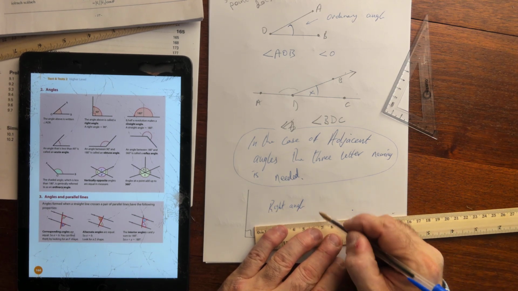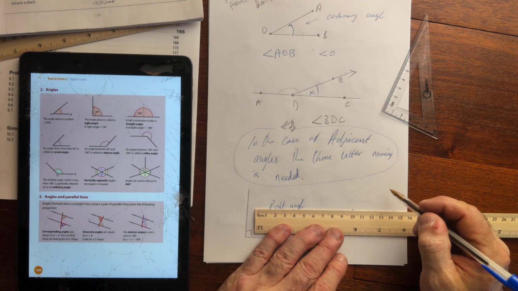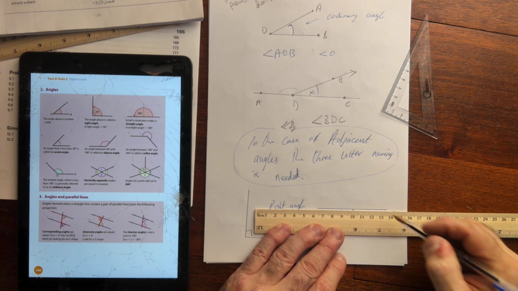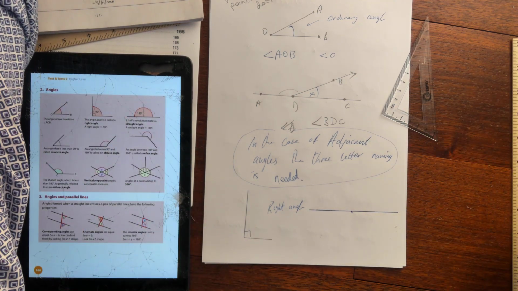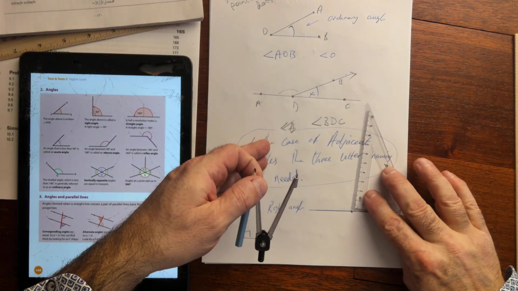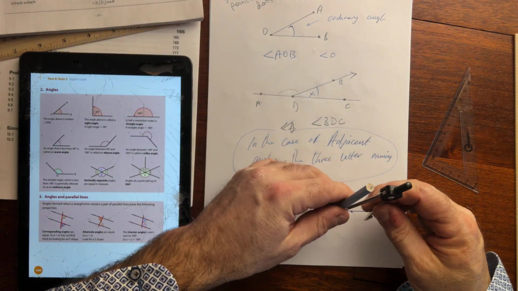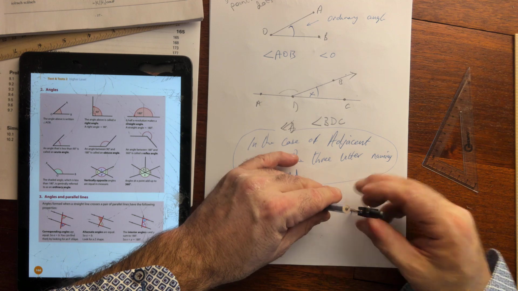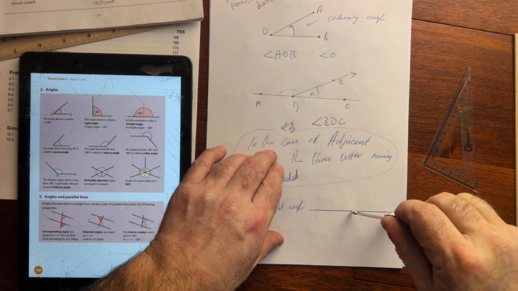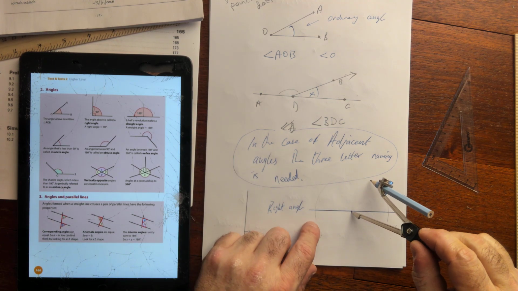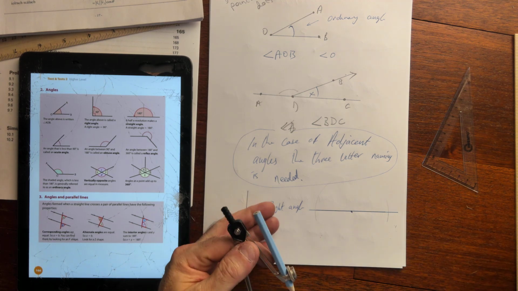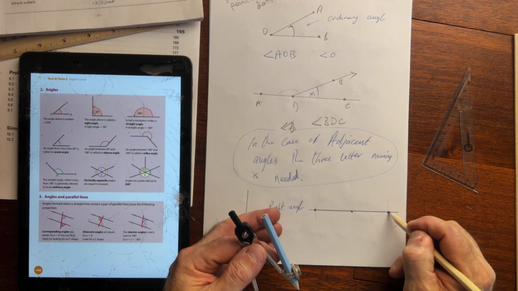And I could use a set square, of course, just like this, but I could also do something quite adventurous here and use geometry to make a right angle. So what I want to do is define my two endpoints of a line segment.